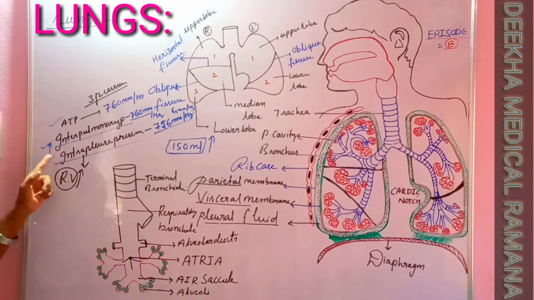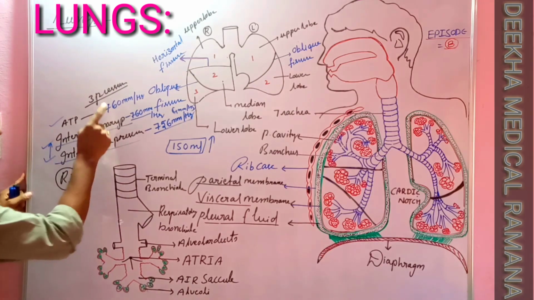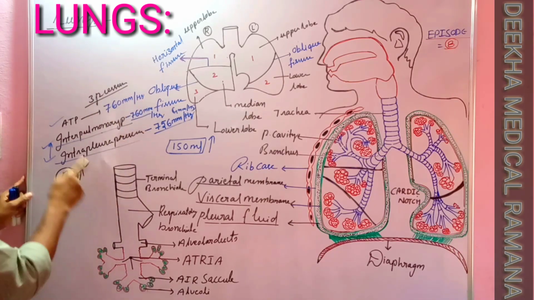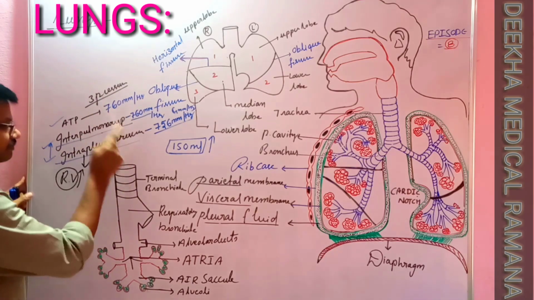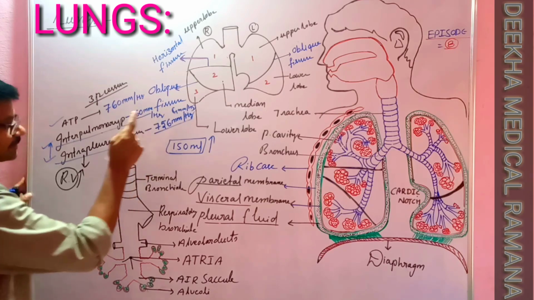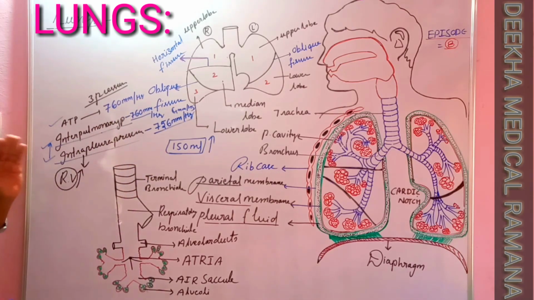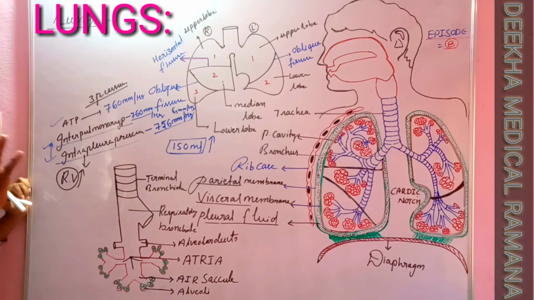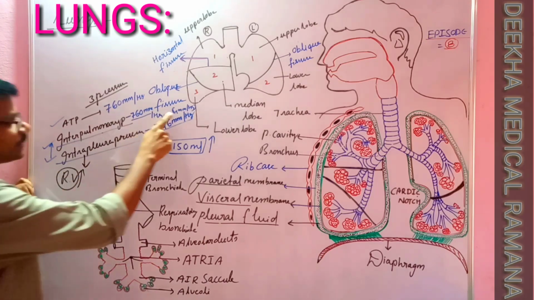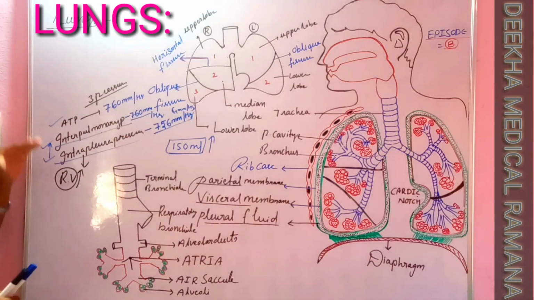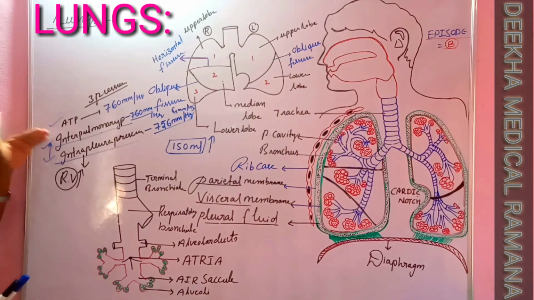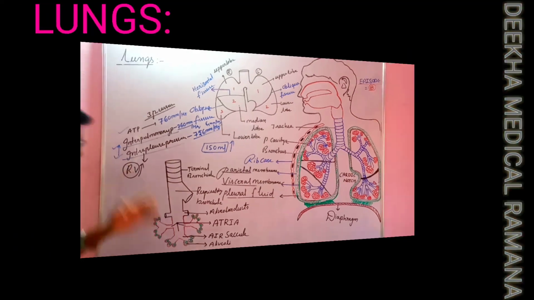But the very important thing is that the intrapleural pressure depends on the interpulmonary pressure. If the interpulmonary pressure is 760 mm of Hg, the intrapleural pressure must be 756 mm of Hg. That means a difference of 4 mm of Hg must be present between the interpulmonary pressure and the intrapleural pressure.